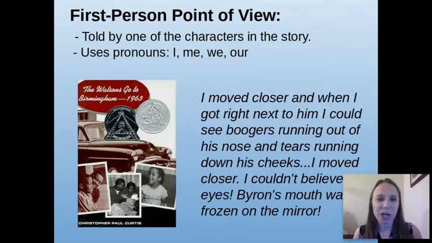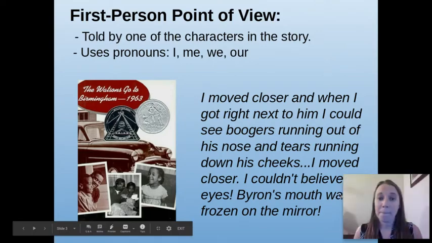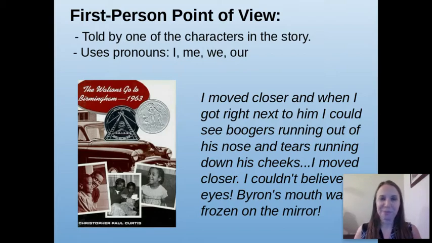I moved closer. I couldn't believe my eyes. Byron's mouth was frozen on the mirror." Okay, so here, Kenny, the character, is clearly telling us the story. Some pronouns that are clues would be I, my, and then "I couldn't believe my eyes." So clearly it's using those pronouns that tell us, hey, one of the characters is telling us the story.